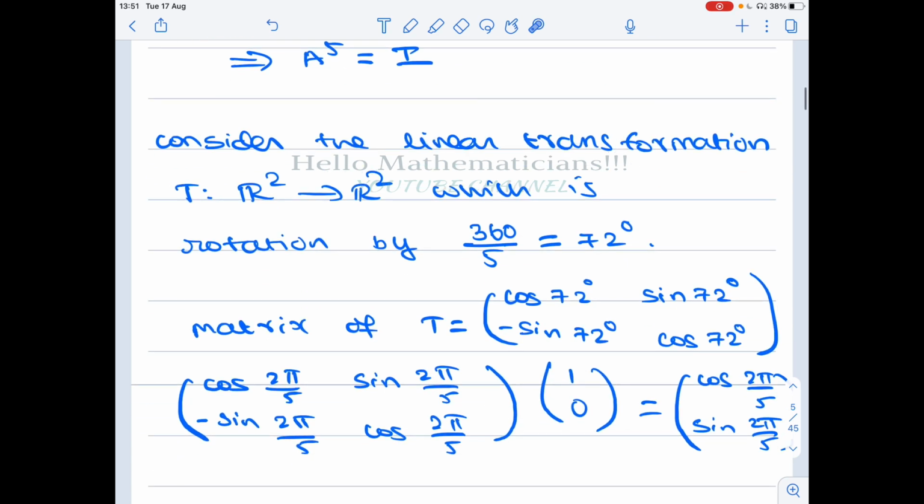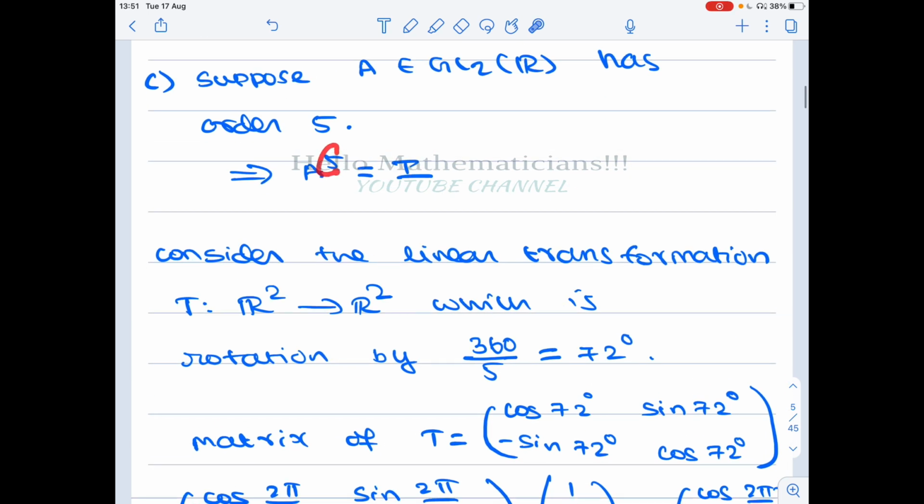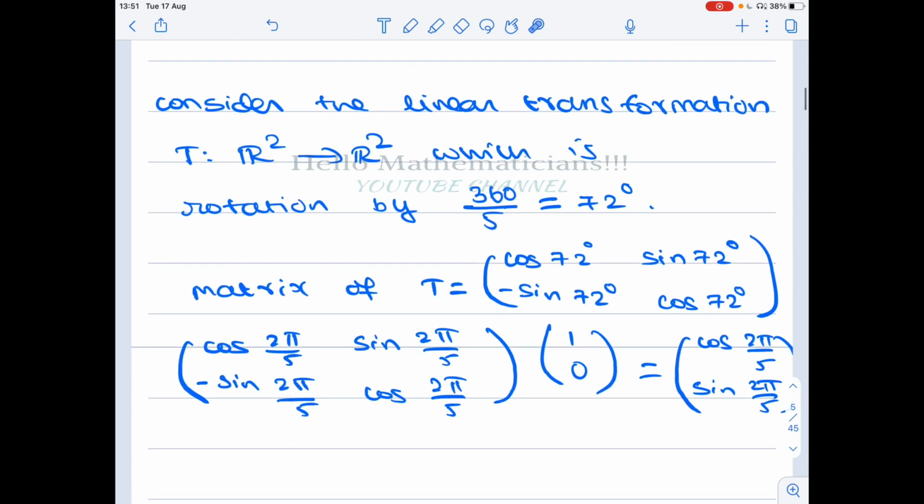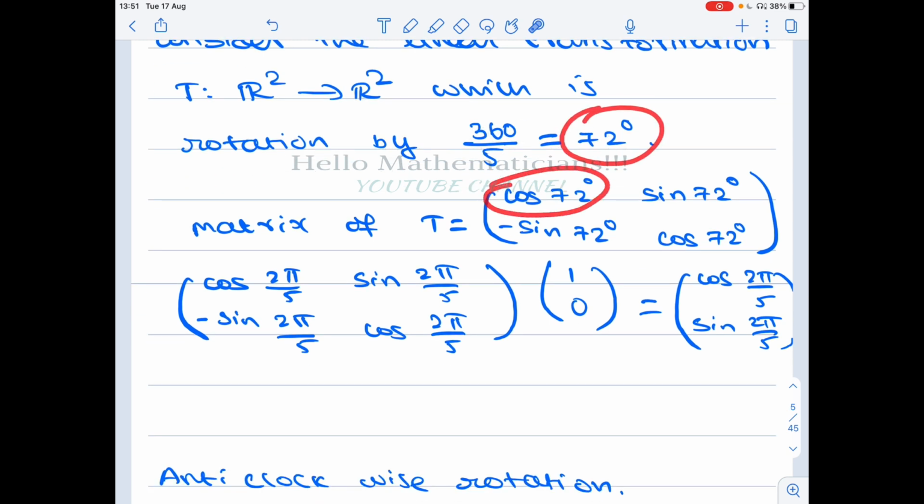It is easy to construct. Using this approach, you can construct a linear transformation satisfying A to the power n equal to I for any n. Let's see how to proceed. Consider the linear transformation T from R2 to R2, which is rotation by 360 by 5, that is 72 degrees.